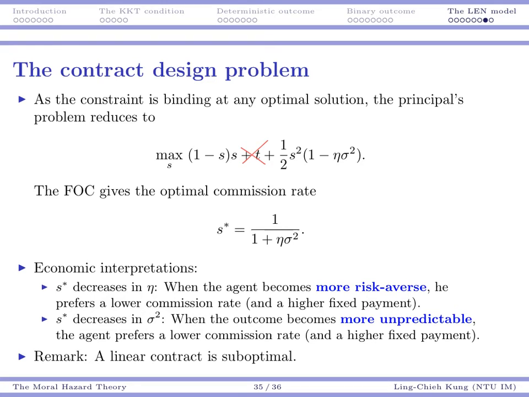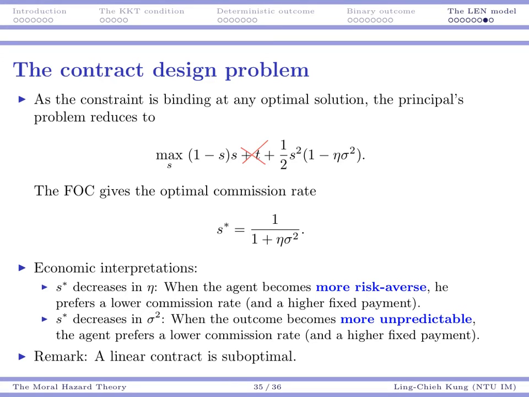You actually will not do a salesperson, you probably will do another job. At the same time, S star decreases in sigma square. Okay, decreasing in sigma square. That means when the outcome becomes more unpredictable, when the random noise becomes even more noisy, then the agent would also prefer a lower commission rate.